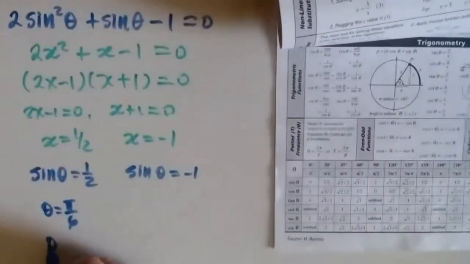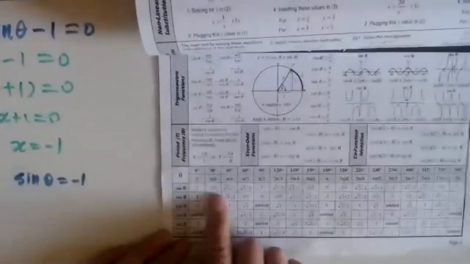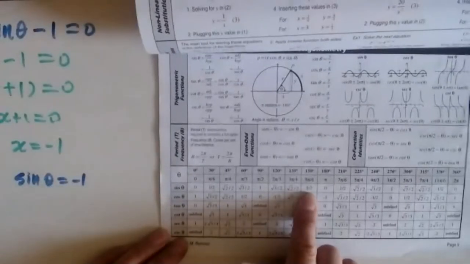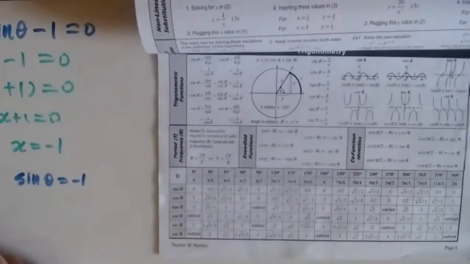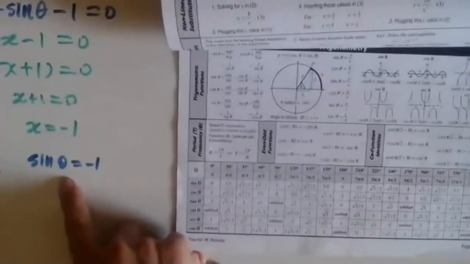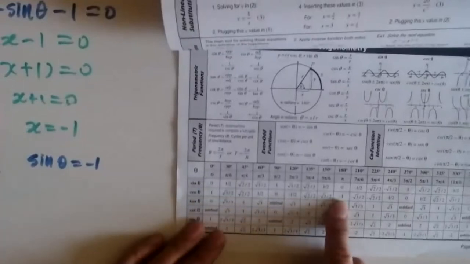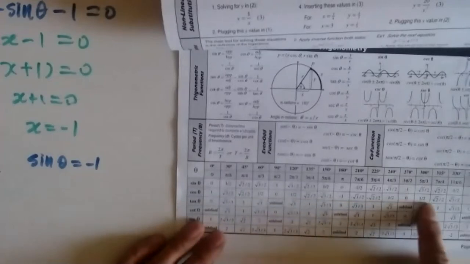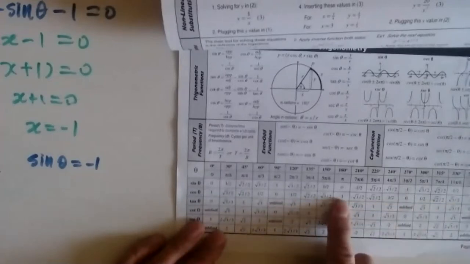And the other angle is, okay, 1/2 is also for 5 pi over 6. And for what angles is sine negative 1? Okay, let me see. Negative 1 is right here, is pi.